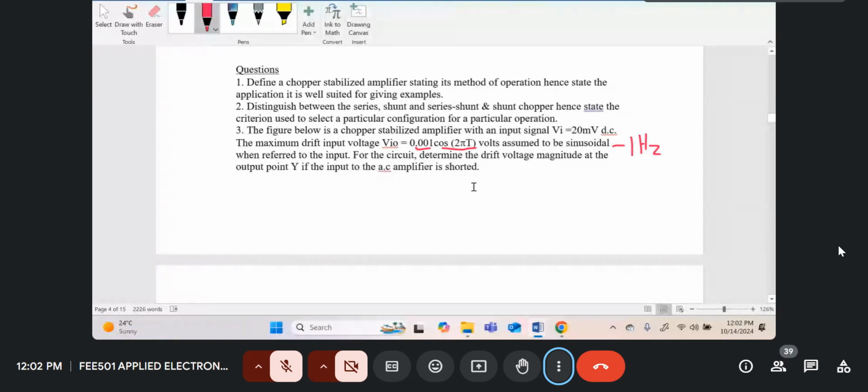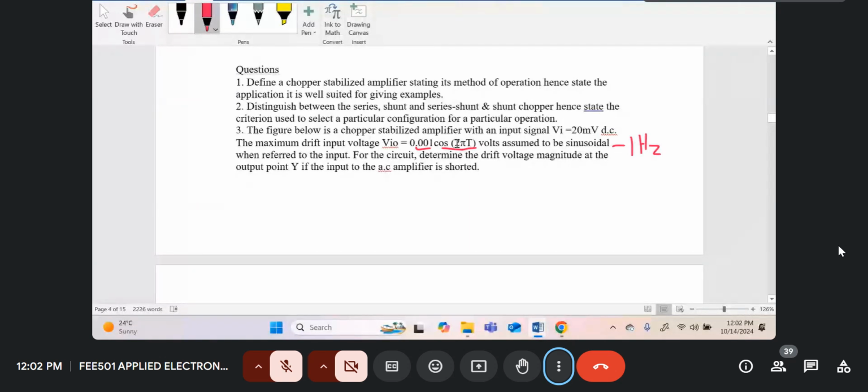Then here you're given figure 3. So figure 3 is a chopper stabilized amplifier. Input is 20 millivolts DC. The maximum drift voltage VAO is 0.001 cos 2 pi t. So cos 2 pi t is equal to 1 hertz. Okay.